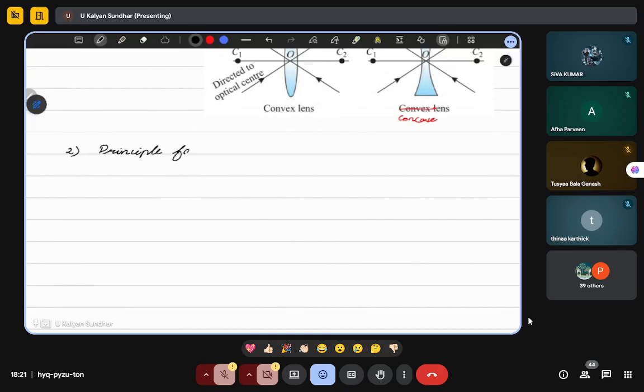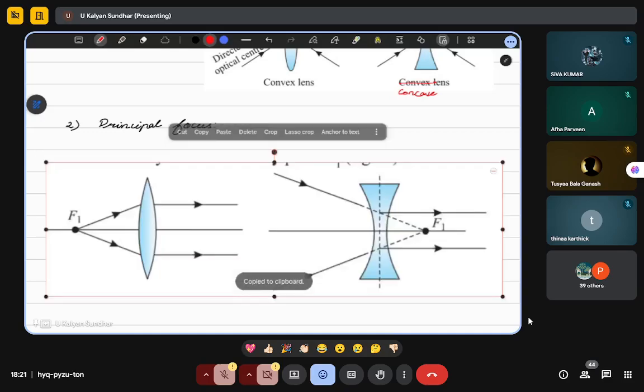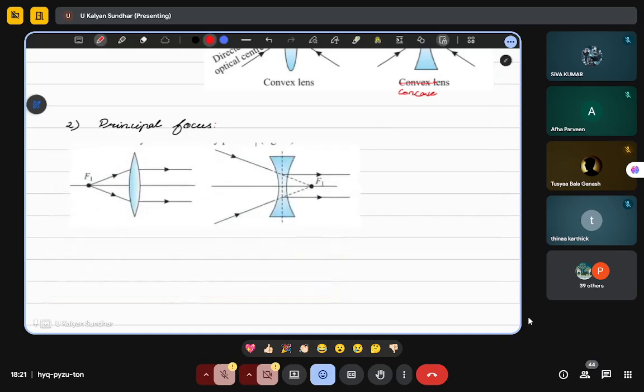Principal focus. So all lenses have two types of focus, f1 and f2, right?